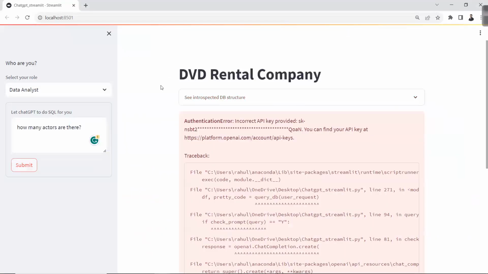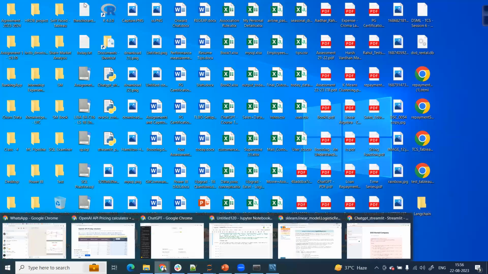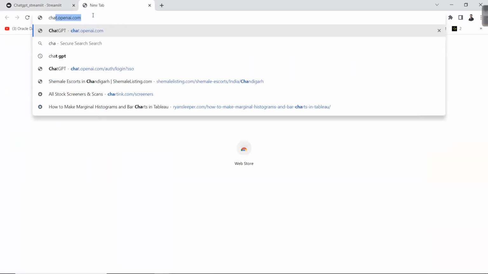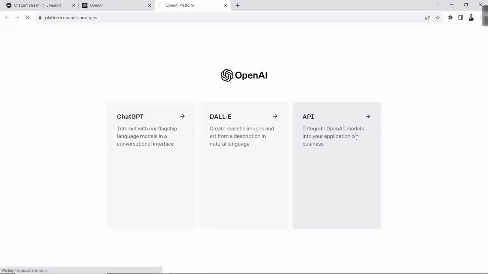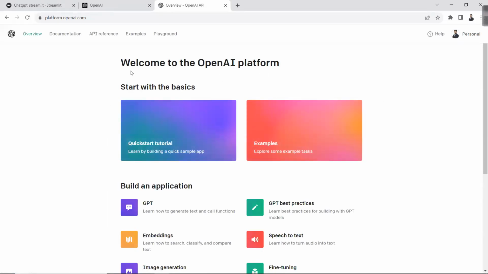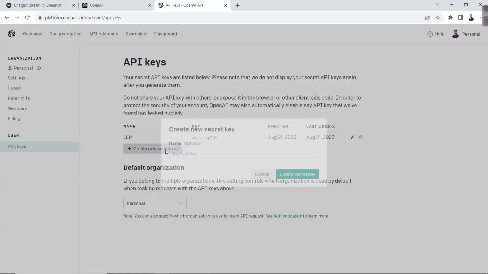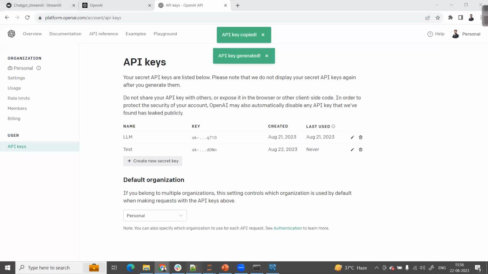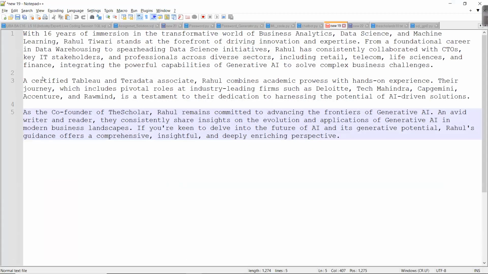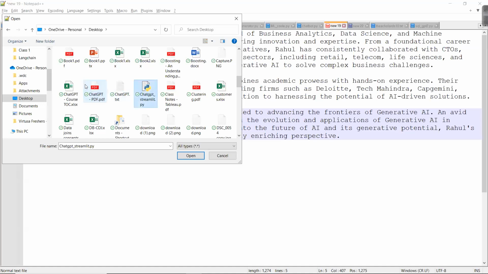We had some time, that's why I'm showing you. Just a sec. Here I'll go and get my new API key, and I'll open the ChatGPT file.